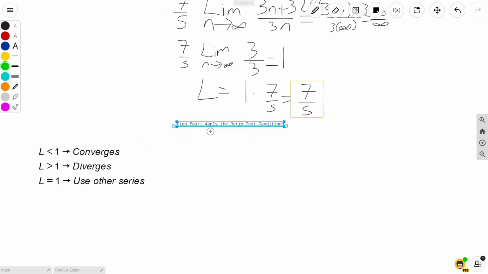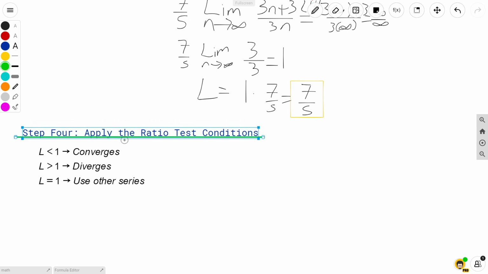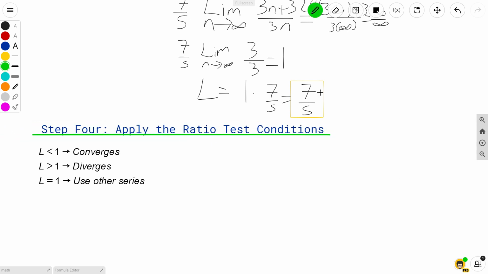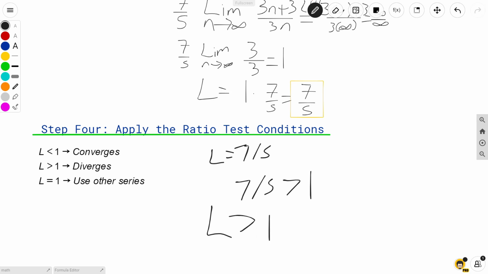If L is less than 1, the series converges. If L is greater than 1, it diverges. If L is equal to 1, then we use another series test. In this case, L is equal to 7 divided by 5, and 7 over 5 is clearly greater than 1. So since L is greater than 1, we can say that this series will diverge.